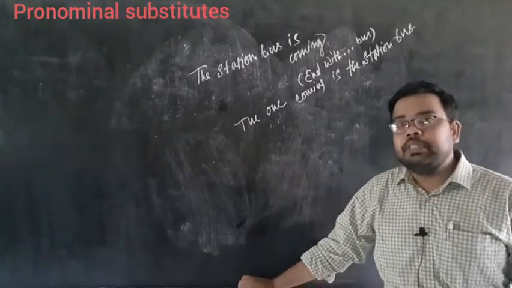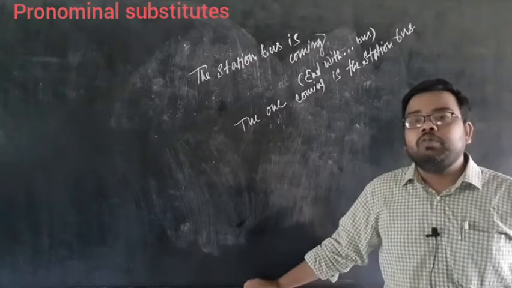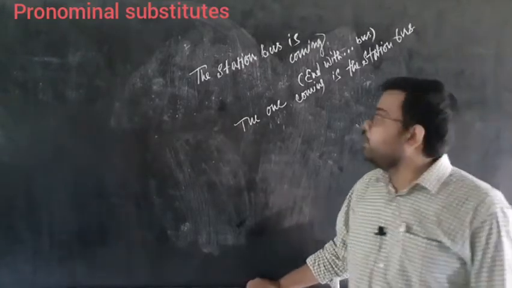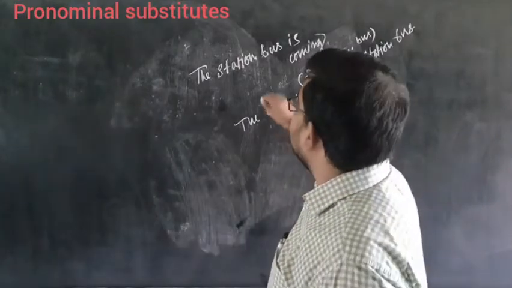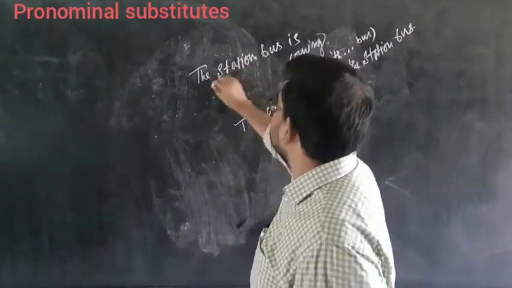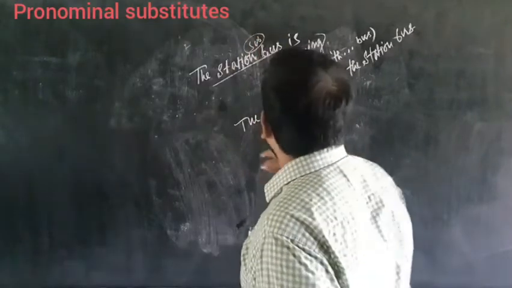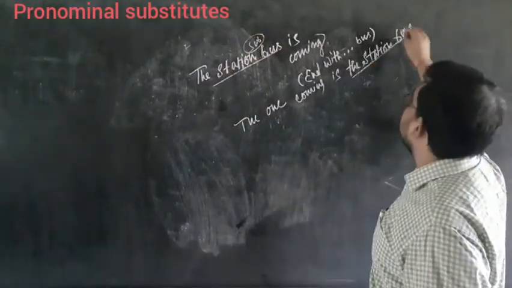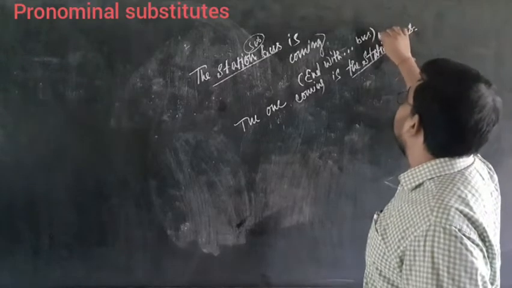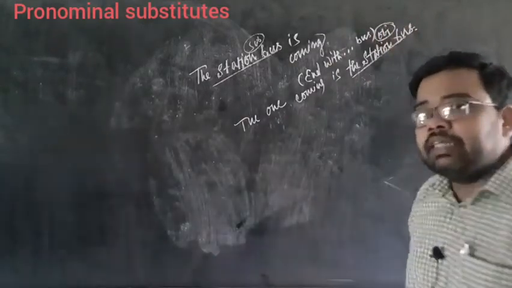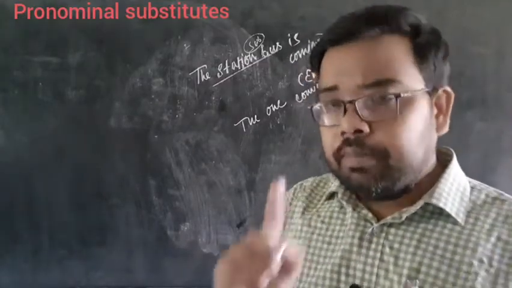But there is a specific procedure to write this. What is done here? In the first sentence, you can see the station bus is the subject. Now, in the second sentence, the station bus has changed into the object. So, the subject is getting transformed into an object, number one.